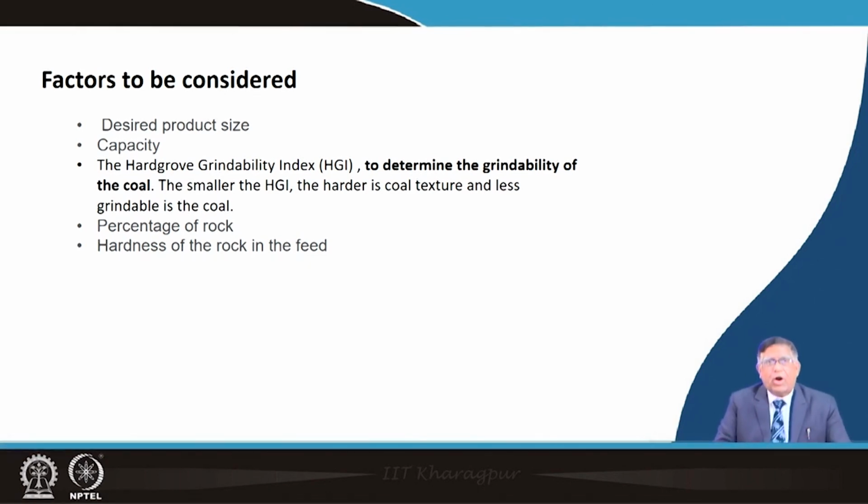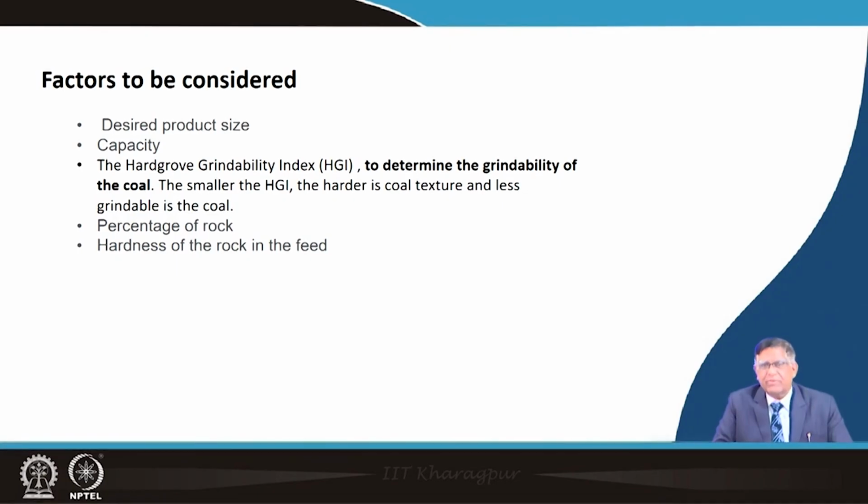Then also the grindability index is very important, because when you do the crushing, if more fines get generated, say for coal, and the crushing system itself produces a lot of fines, then in the washing it will go into the tailings and a lot of carbon may get lost.